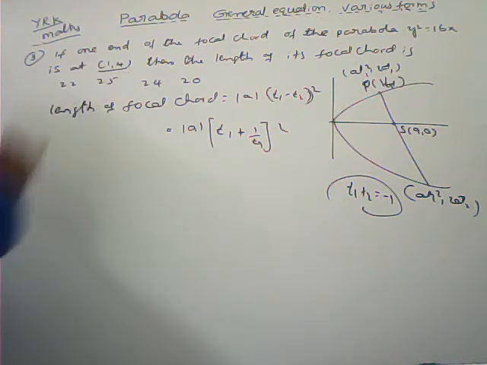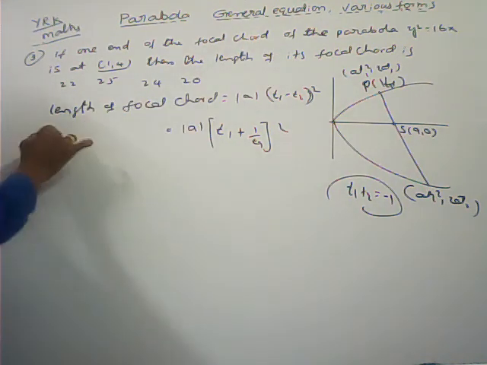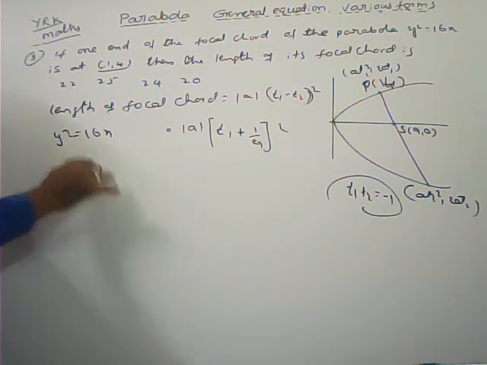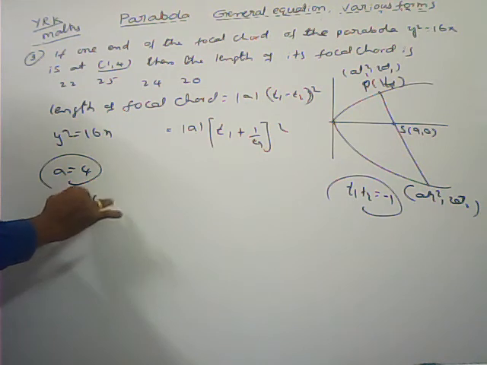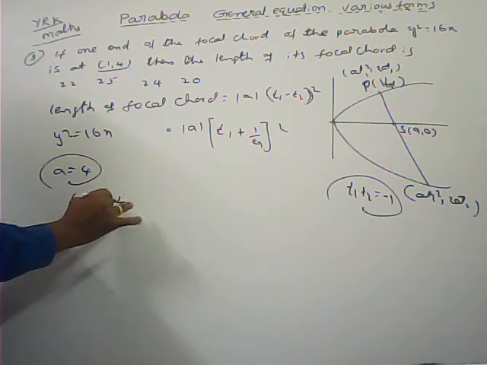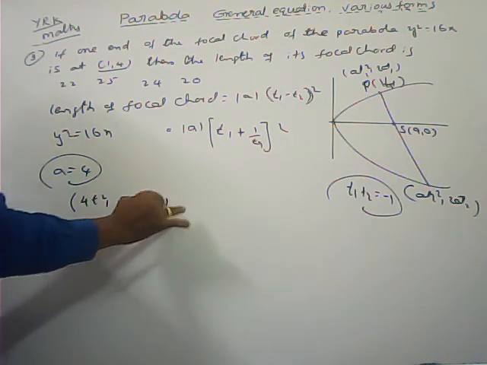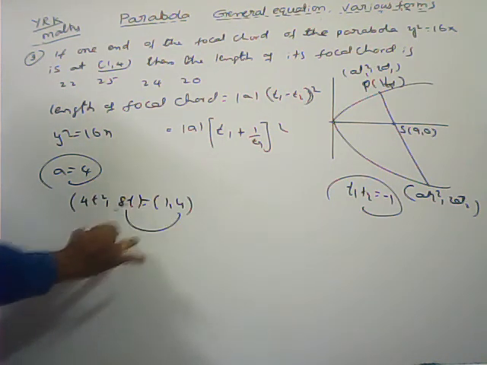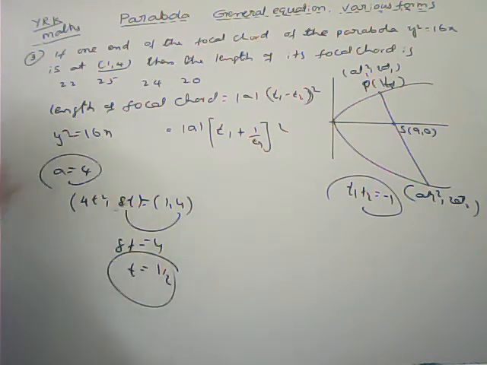We compare this with y square equals 16x, where a is equal to 4, and the point (at square, 2at) equals (1, 4). So 8t is equal to 4, t is equal to 1/2.